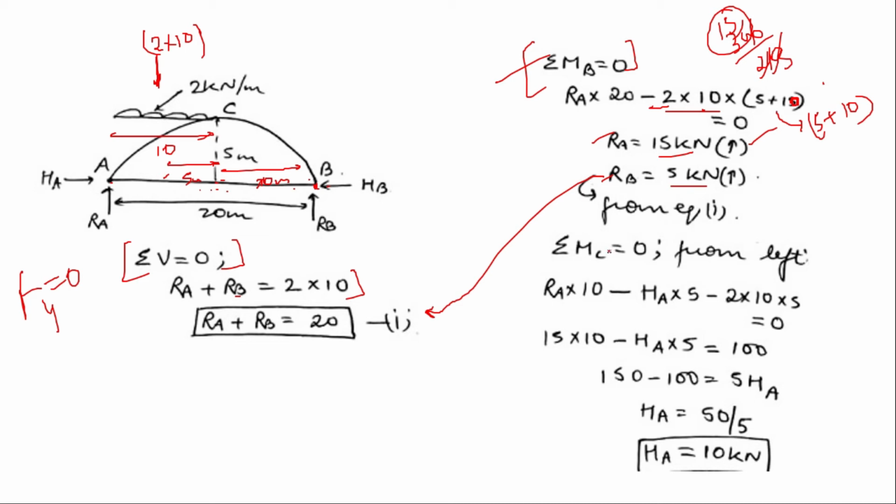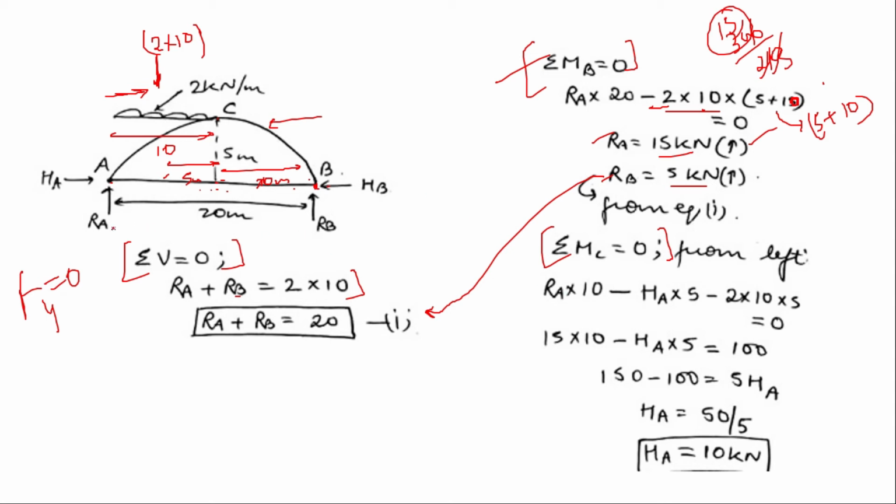Okay, then we take moment at C equal to 0 from the left. Now if we take moment at C from the left direction equal to 0, that is from this side, then what will it come?